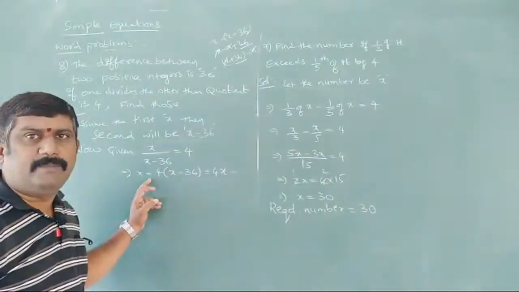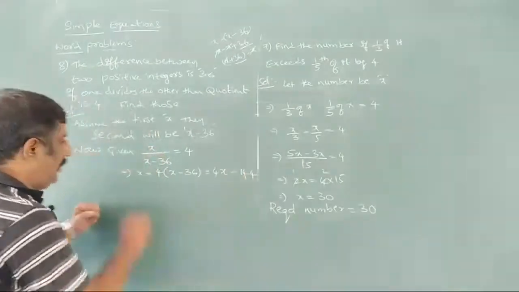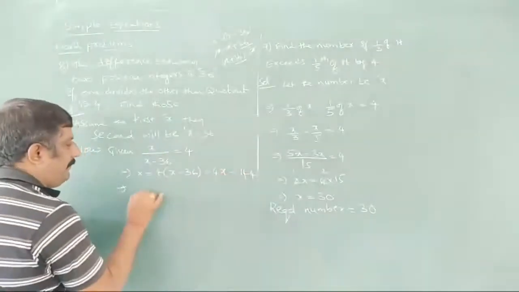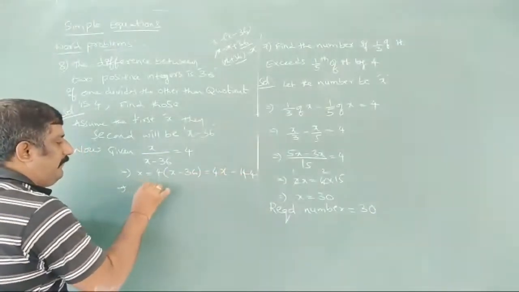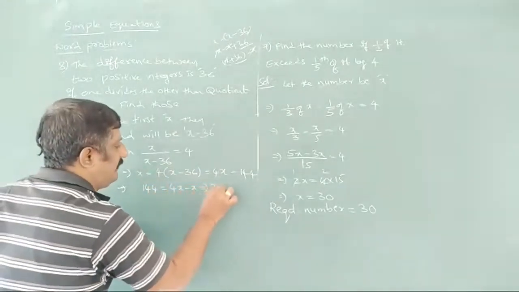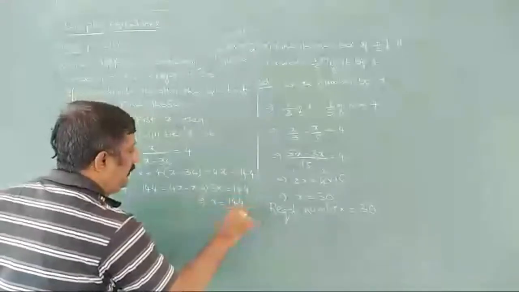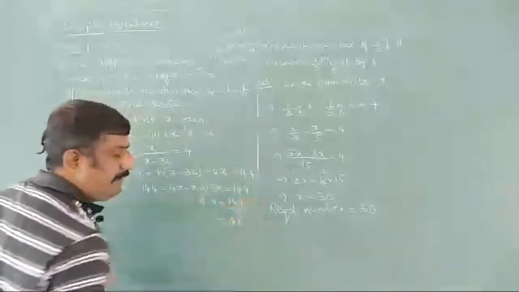So totally 120 plus 24 is 144. Now transpose that to this side: 144 is equal to 4x minus x, or else 3x. x is equal to 144 by 3, or else 48.